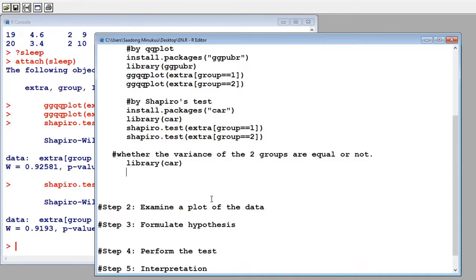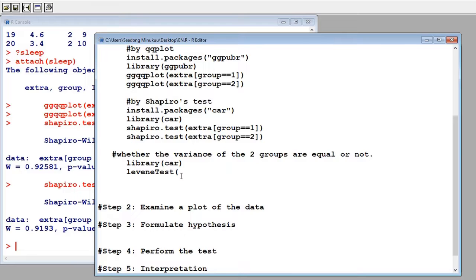After you have loaded the package called car, you simply write leveneTest, making sure the T is capital and the rest is in small letters, into brackets.